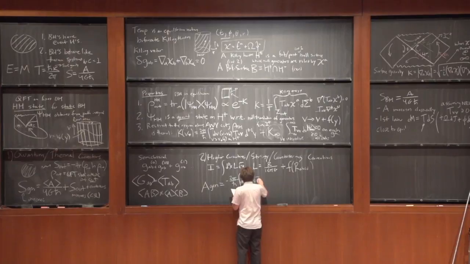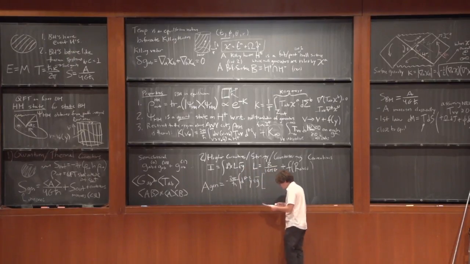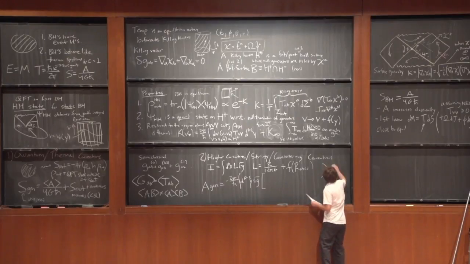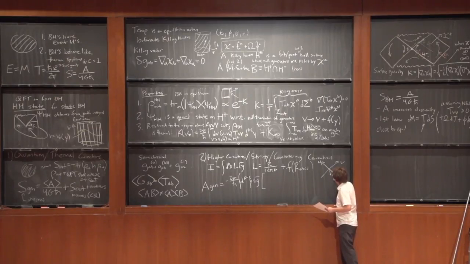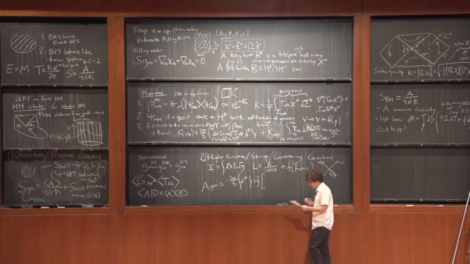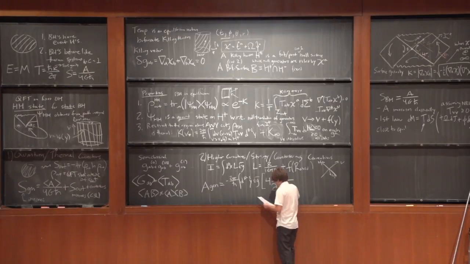y is the transverse directions, remember, and then in null coordinates for simplicity, so I have a v and a u, and then i and j will be things like the transverse directions. There's a term that's called the Wald entropy that involves differentiating the Lagrangian with respect to the uv component.